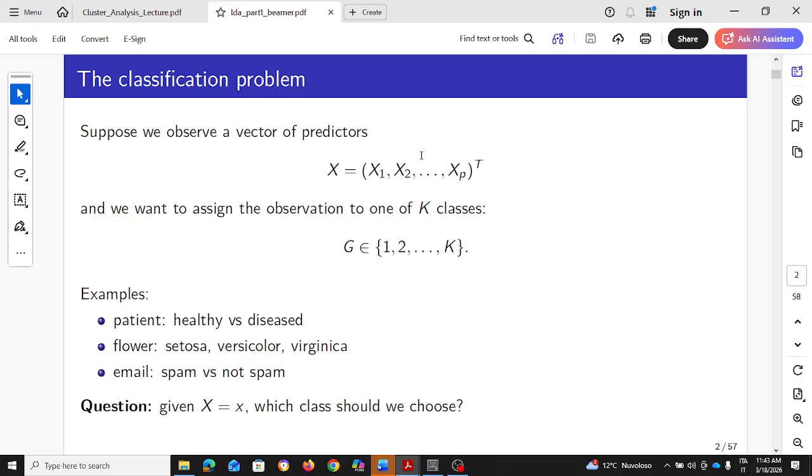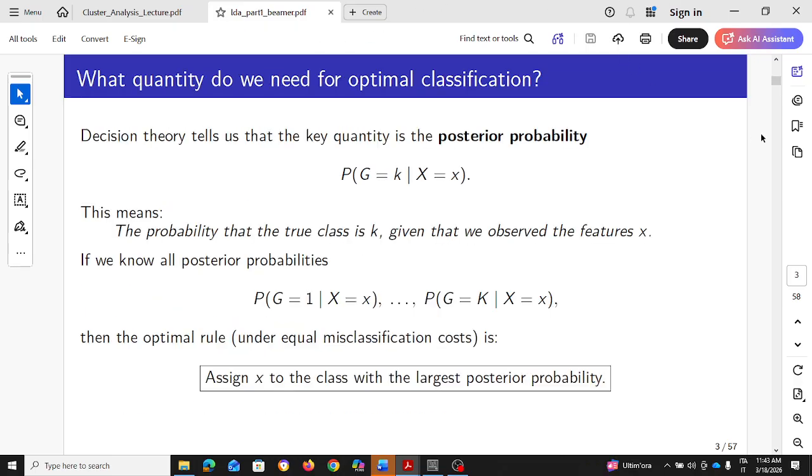For instance, we have a patient who is either healthy or diseased, or other examples like email, spam or not spam. We want to classify data into 2 classes, 3, 4, 5 classes. That's the classification problem.